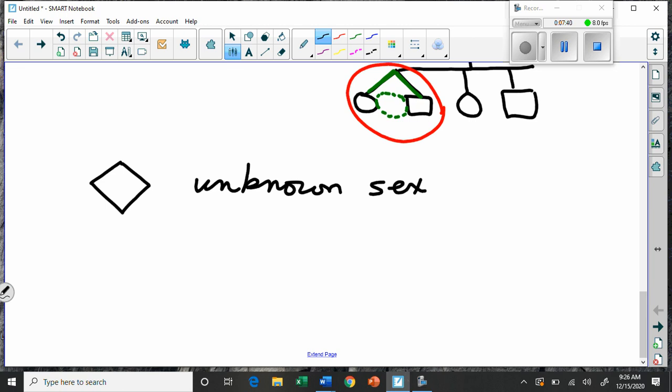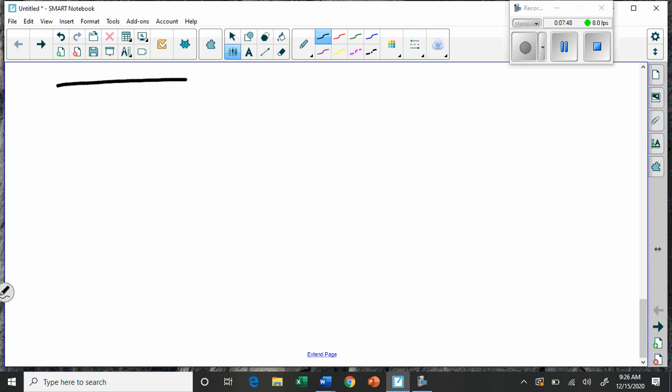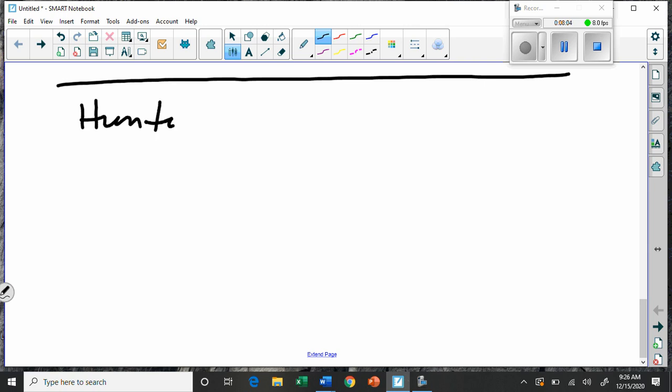So we could do an interesting sort of pedigree for people who have something that runs in their family. So let's just kind of do an example. The example we'll do is Huntington's disease.